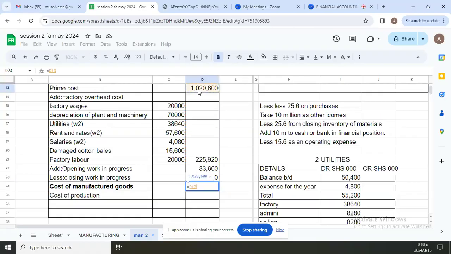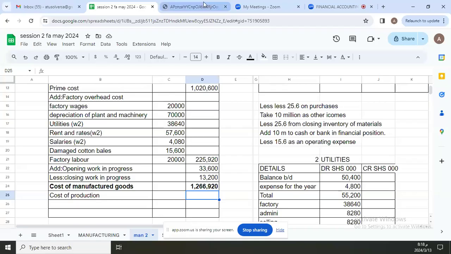We add this, we add our factory labor, we add our work in progress, then we less our closing work in progress. Are we getting the same figures? Yes. Okay, so that is the cost of manufactured goods.